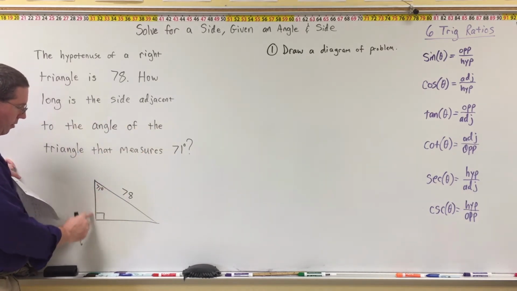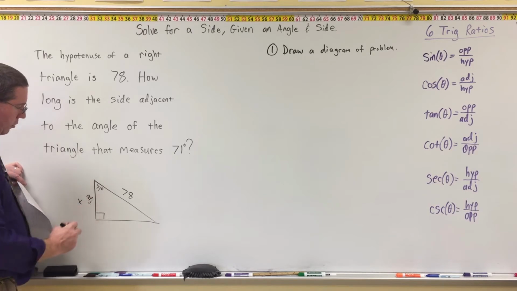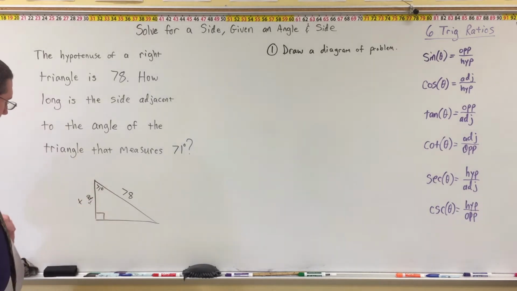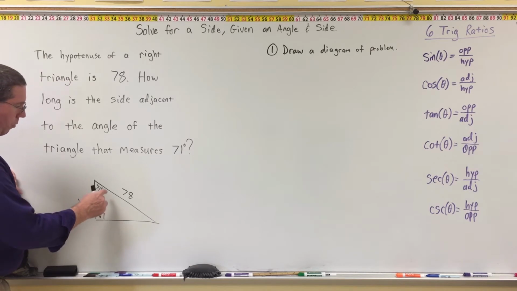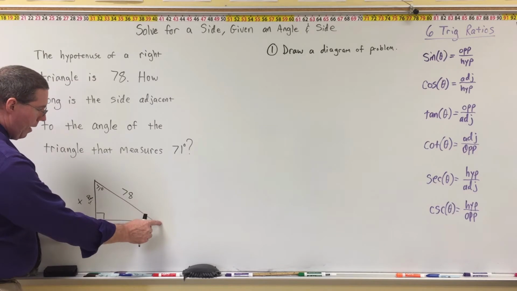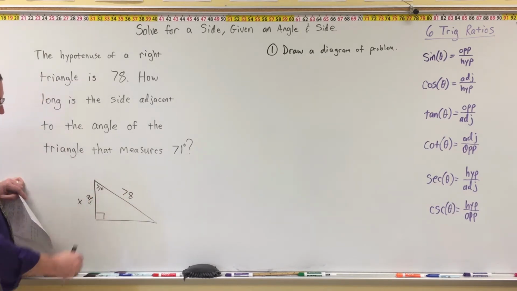Here's the side that's adjacent, so we'll put ADJ for adjacent. We could also just call it X or Y, whatever you want. We know this angle measure, we know that the hypotenuse is 78, and we want to know the length of the adjacent side.